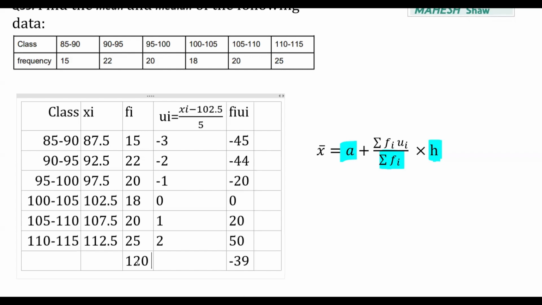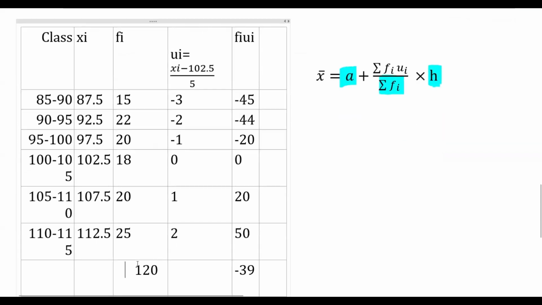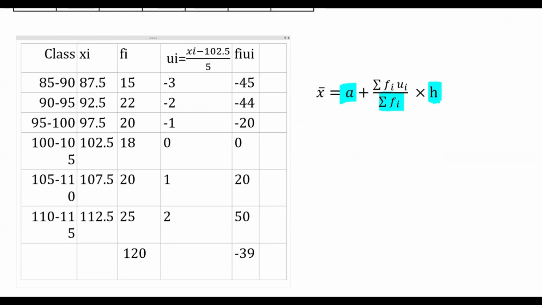Now over here, it is necessary for you to write down what you are going to get here. It is necessary to write sigma. Oh, everything got displaced. Let's move it. So this is what we got as sigma Fi, and this is sigma Fi Ui.